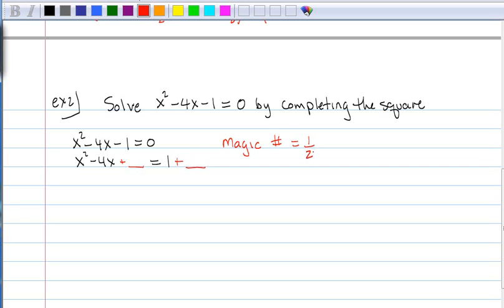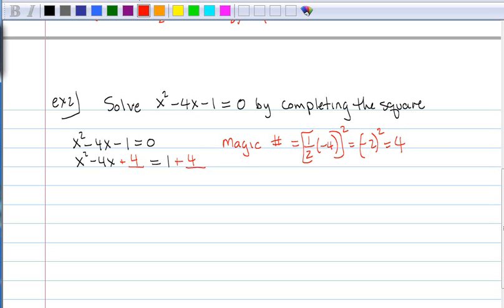It's going to be 1/2 the middle term, squared. So what would that be? 1/2 of -4 is -2, and squared, you get 4. So 4, believe it or not, is our magic number. The only thing different I'm doing in example 2 than example 1 is that I don't want to change the solution, and we learned that we can add 4 on both sides.